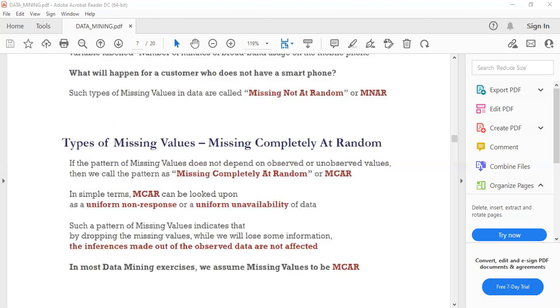If the probability of being missing is the same for all cases, that is, every case is getting an equal chance of being missing, then the data are said to be missing completely at random. So it obviously implies that the causes of the missing data are unrelated to the data.